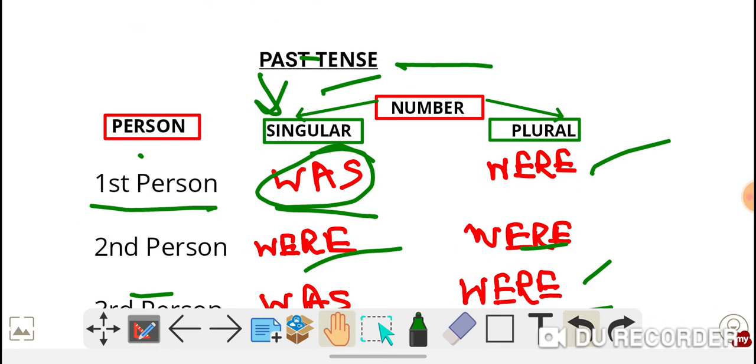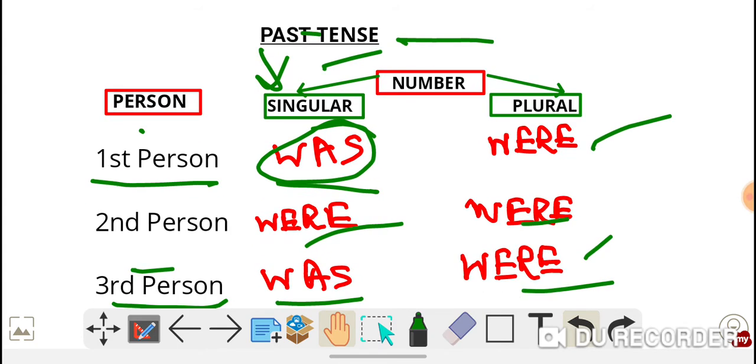Next, how do we break down be in past tense?